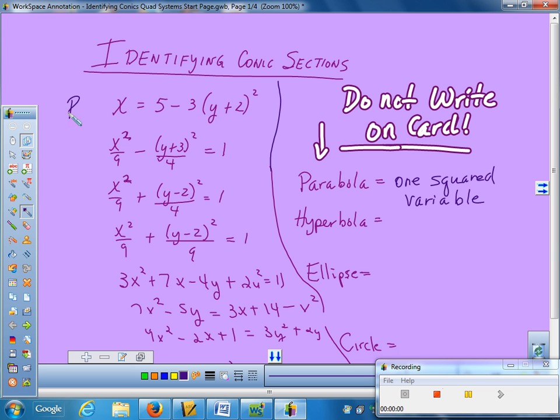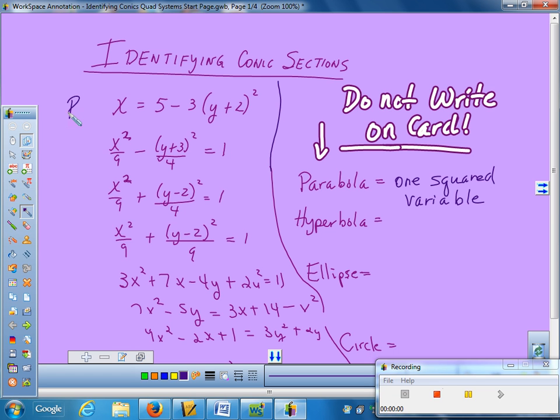Okay, the next one's also fairly identifiable. If you've noticed, circles, ellipses, and hyperbolas all have x and y squared. They'll have both variables squared. Anything special you noticed about this one? The minus.